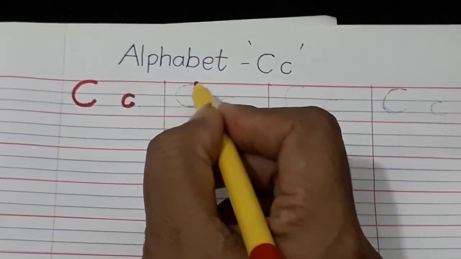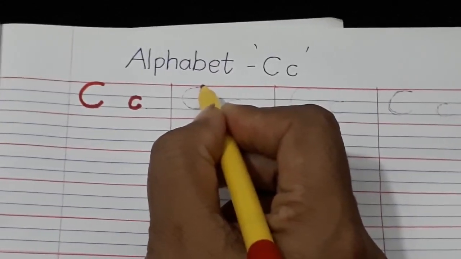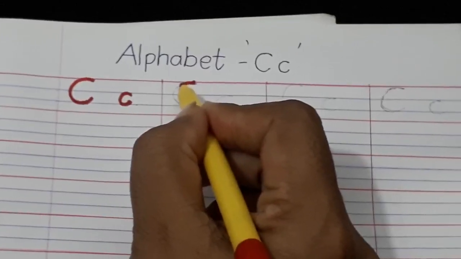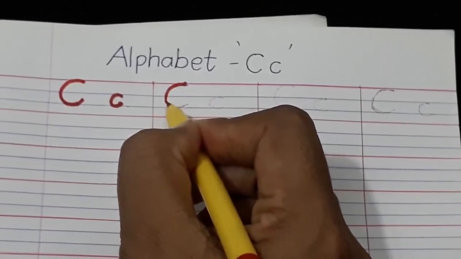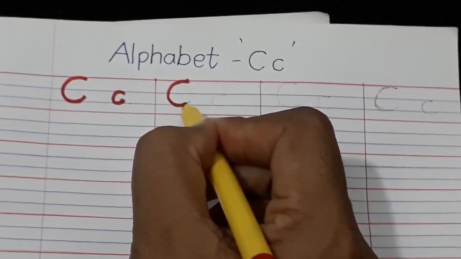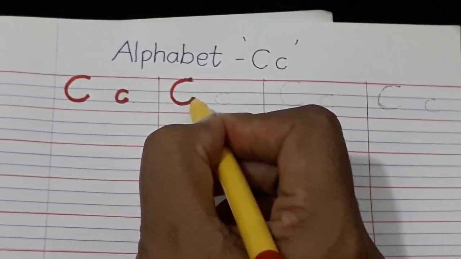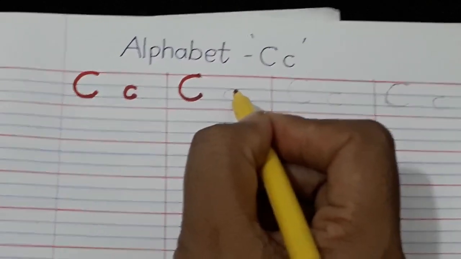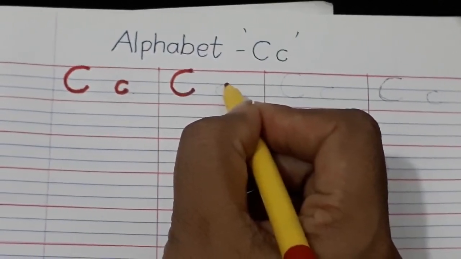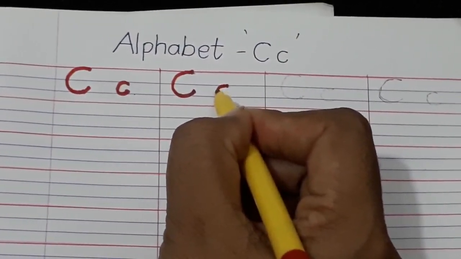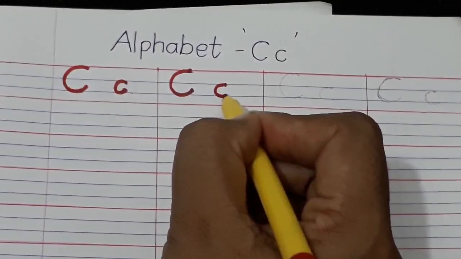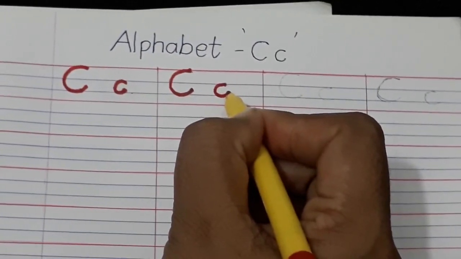Again, put your pencil point on the red line. Go down, down, make a curve. Touch the second blue line and go a little bit up. Capital C. And put your pencil point on the blue line. Make a curve. Touch the second blue line and a little bit up.